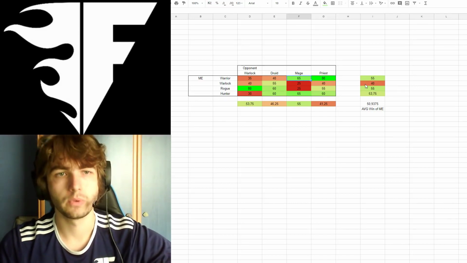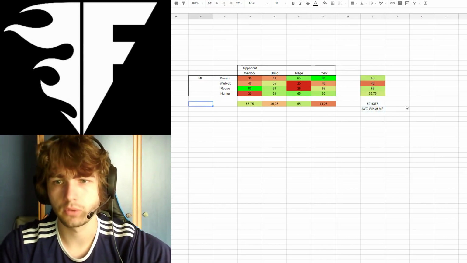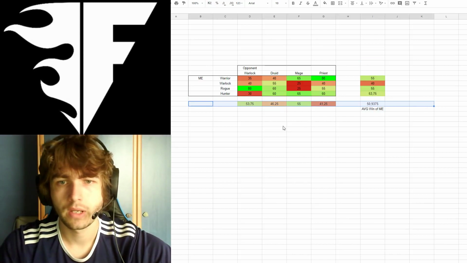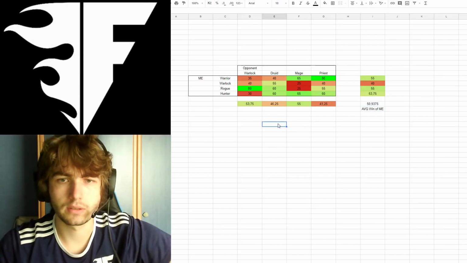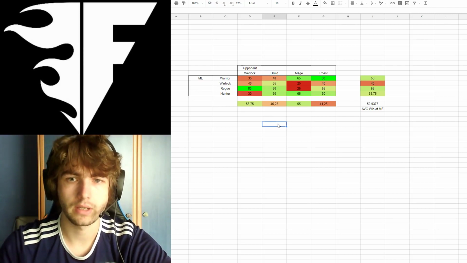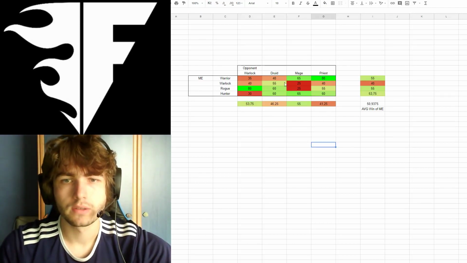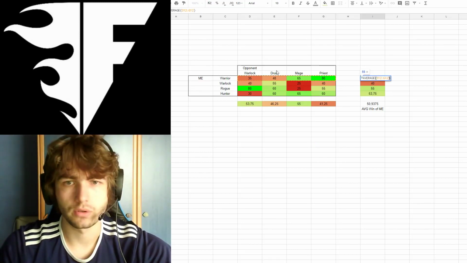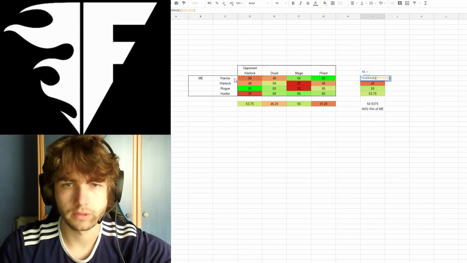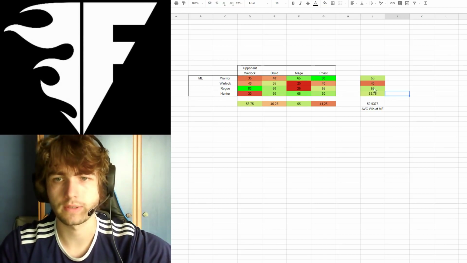Then what the number on the right side and the number below the table mean: these are the average win rates of all the decks that the opponent has or that I have. Below it's opponent, on the right it's me. So this is the warrior's average win rate against the opponent's decks.